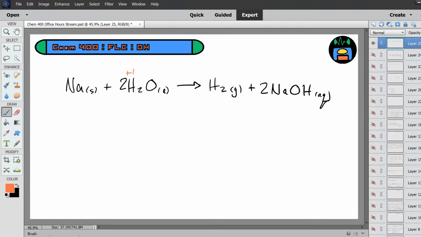And then on the product side, hydrogen in H2 has 0 and is positive 1 in sodium hydroxide. So this can be confusing. You can be sitting here looking at this going, is hydrogen reduced or does it stay the same?